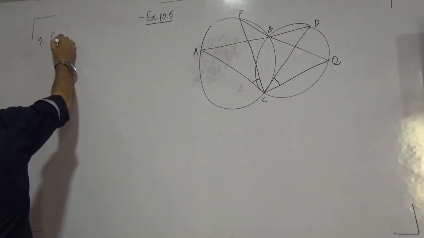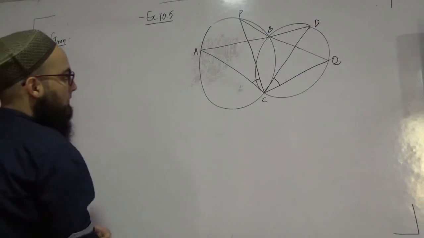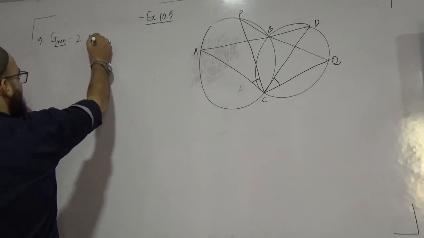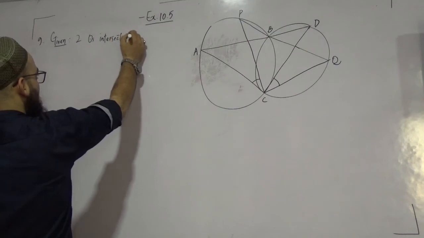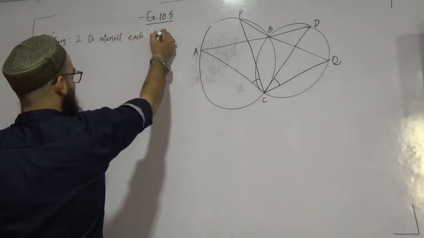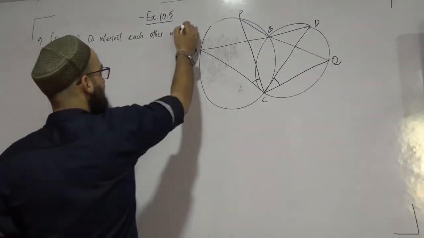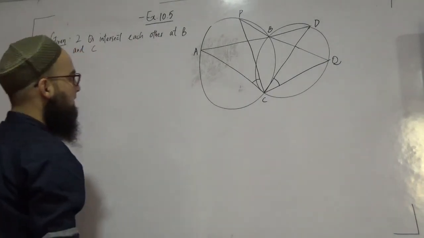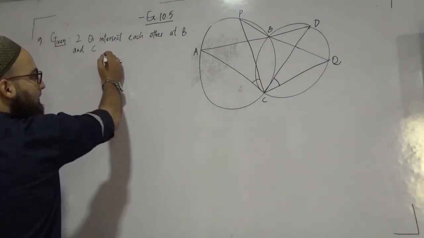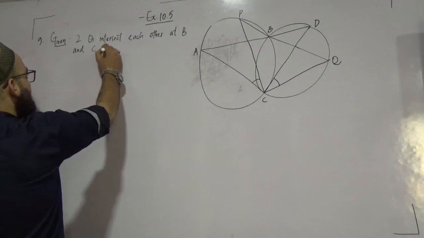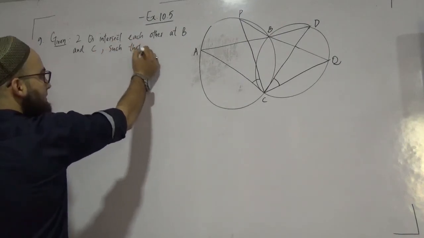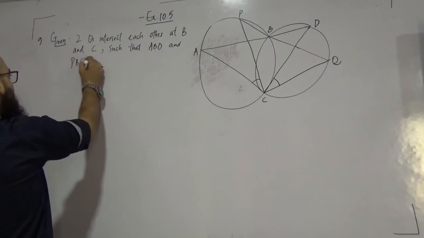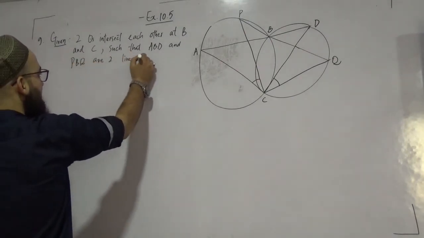Let us see. Given are two circles that intersect each other at B and C, such that ABD and PBQ are two line segments.